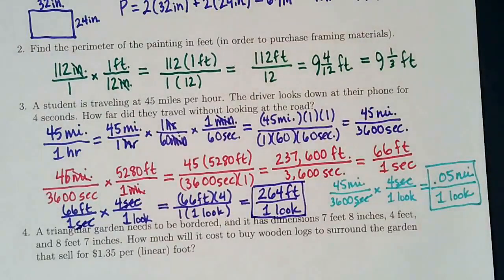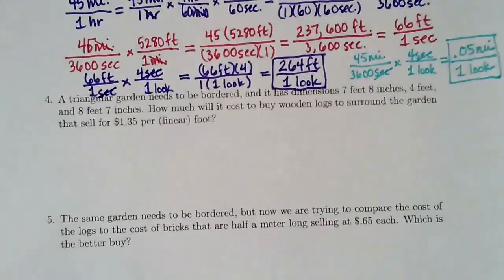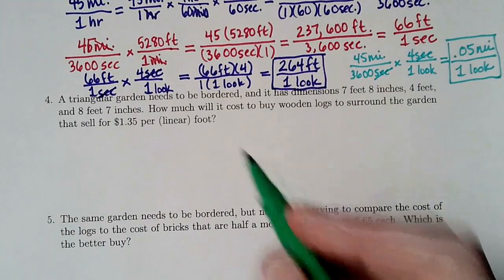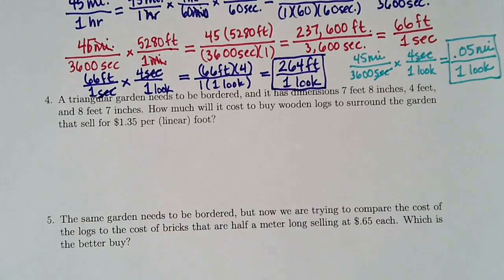Okay, let's do this one. A triangular garden needs to be bordered. It has dimensions 7 feet 8 inches, 4 feet, and 8 feet 7 inches. How much will it cost to buy wooden logs to surround the garden that sell for $1.35 per linear foot? Okay. Well, first, let's figure out how many inches in feet we have. It looks like we want it to be in feet.